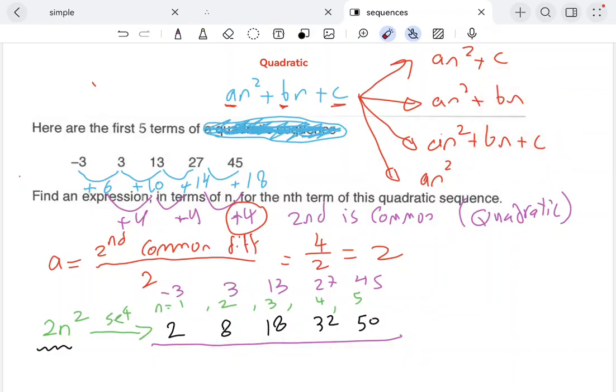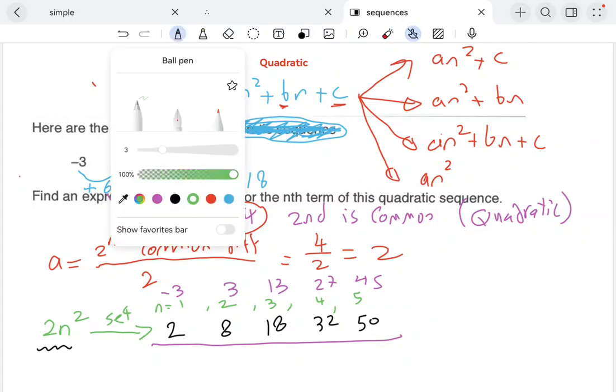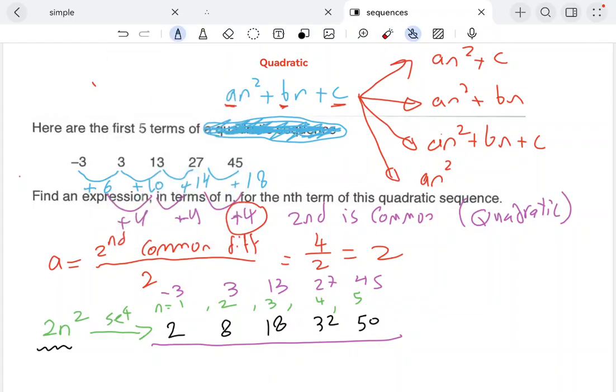The difference: negative 3 minus 2 is going to be negative 5. 3 minus 8 is going to be negative 5. 13 minus 18 is negative 5. 27 minus 32 is negative 5. 45 minus 50 is negative 5. Wow!